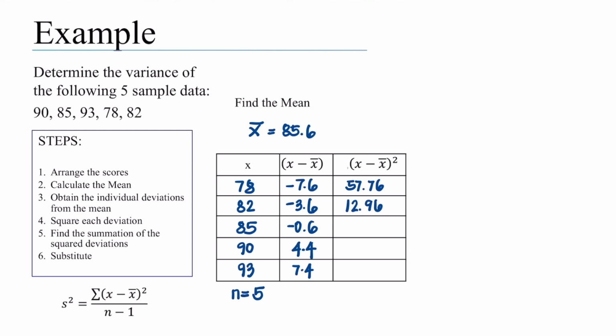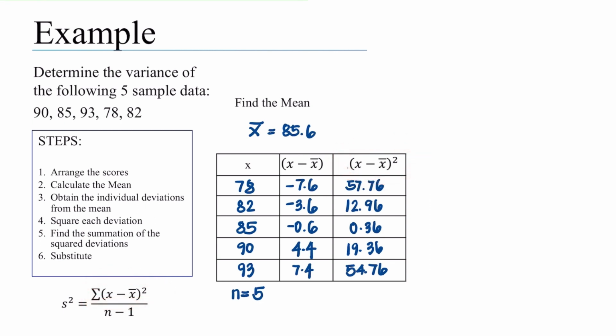Negative 0.6 squared is 0.36. 4.4 squared is 19.36. While 7.4 squared is 54.76. Take note, class, that you are just going to follow the formula. Next, we will get the summation of these columns.